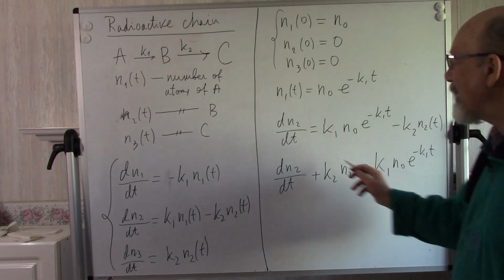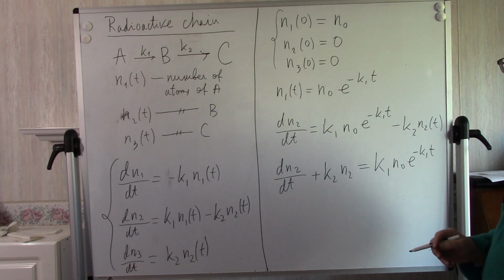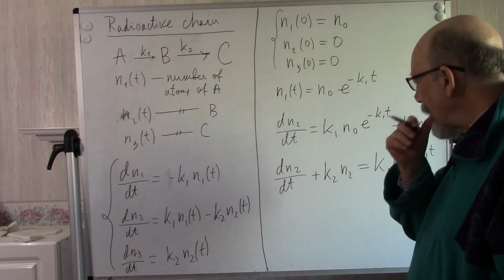Now this is a linear equation with a right-hand side, a non-homogeneous linear equation. We know how to solve them. How to solve this equation?